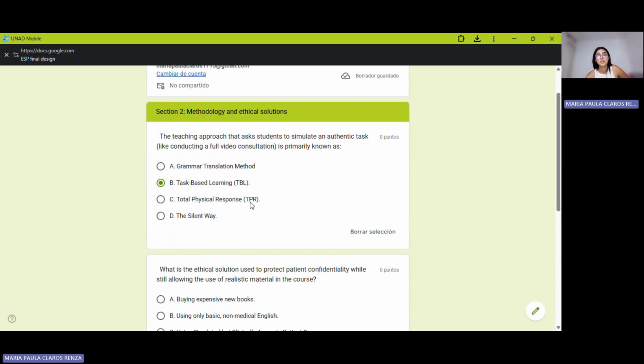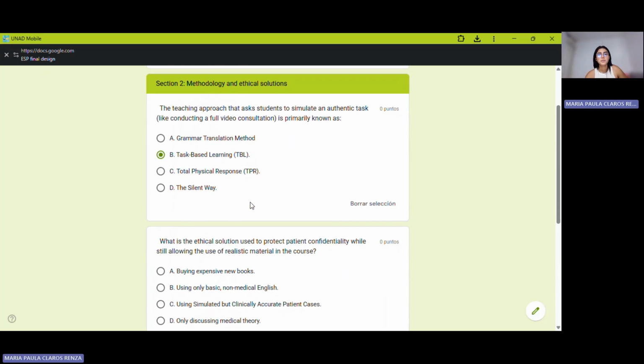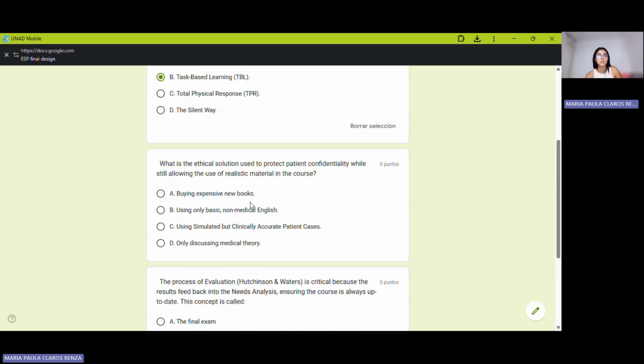These are simple questions that people who were learning in this course about healthcare would know. I think the right option is C, using simulated but clinically accurate patient cases in order to imitate or learn about all the things that are necessary in real life and real context.